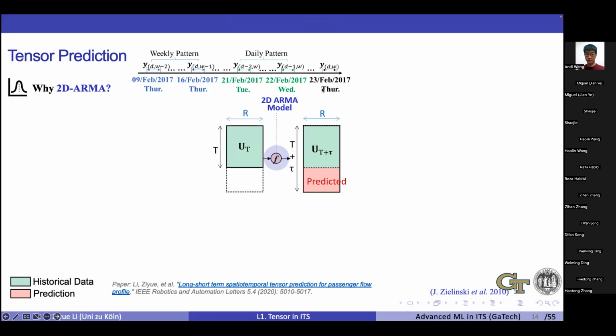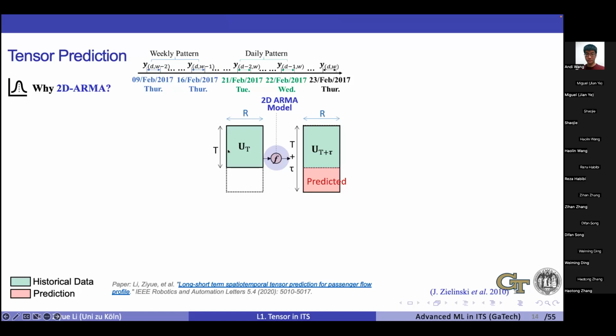It should also be similar to the passenger flow on Thursday 1 week before, and also the Thursday 2 weeks before. So it's the same day, but W-1 and W-2. So this is the idea of the 2D ARMA model.